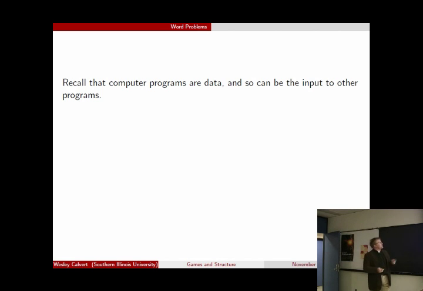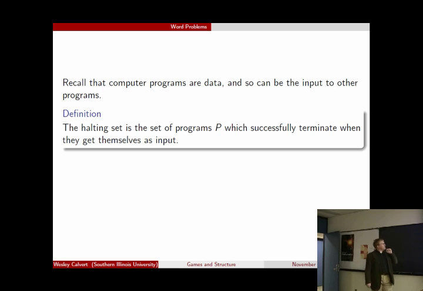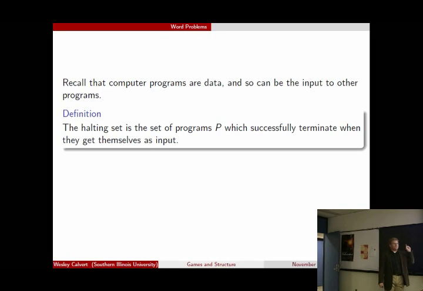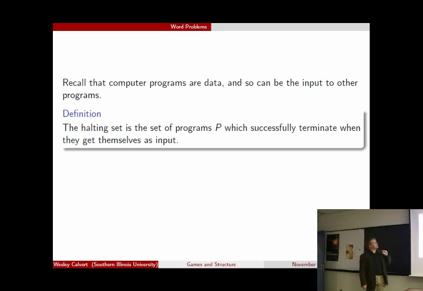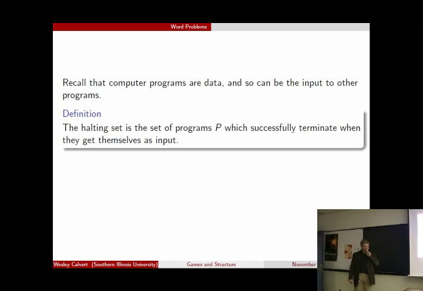So, in principle, that data that constitutes the program could be given as input to another program. In fact, that's just exactly what an operating system is. So, you have this halting set, which is familiar to regular attenders of our colloquium.